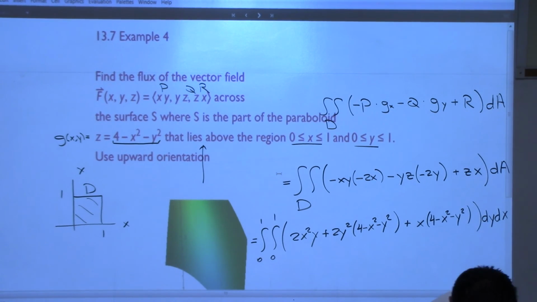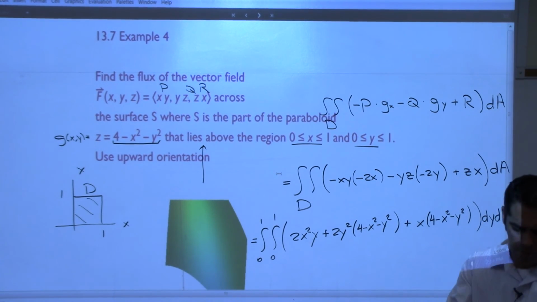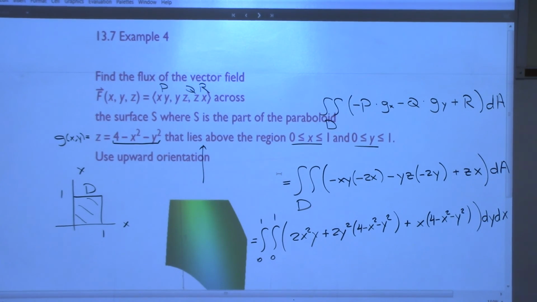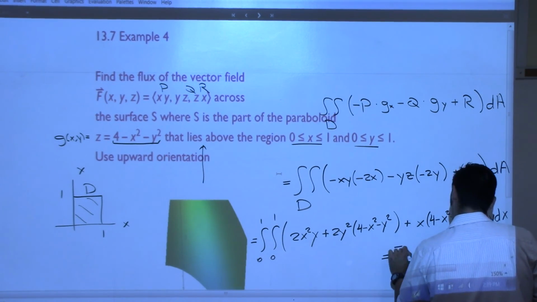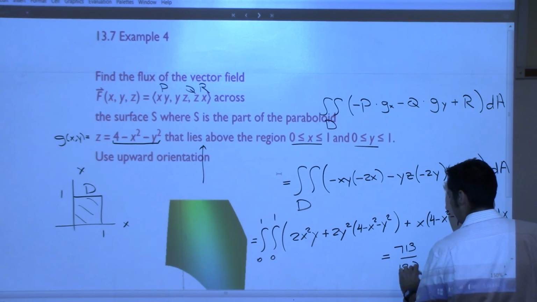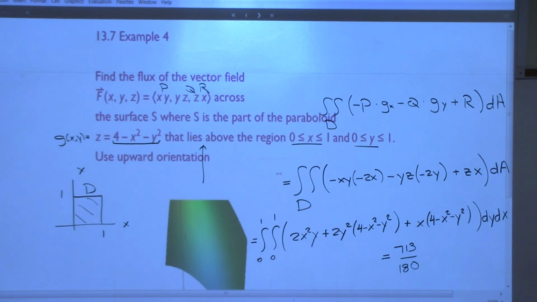There it is. This turns out to be 713 over 180. You would just distribute all this out, multiply it all out, and then it's just pretty simple integration at that point.